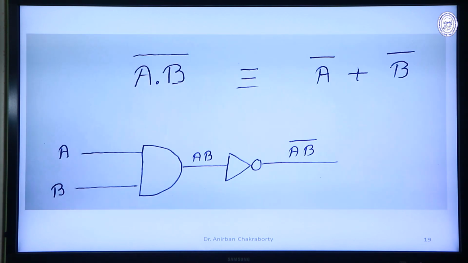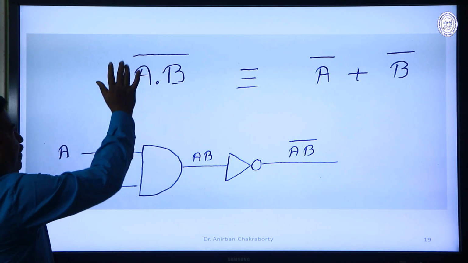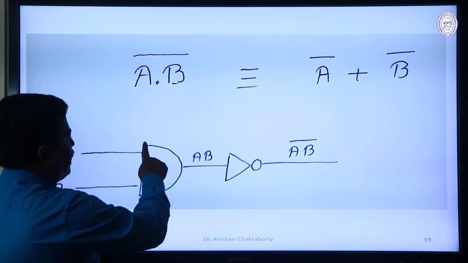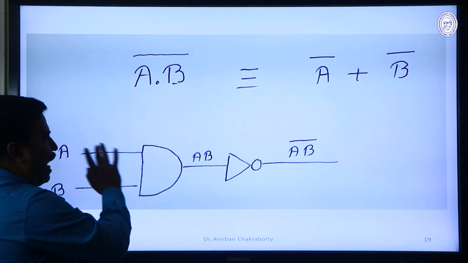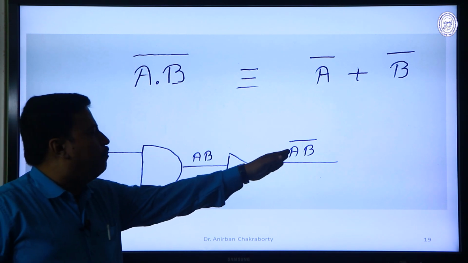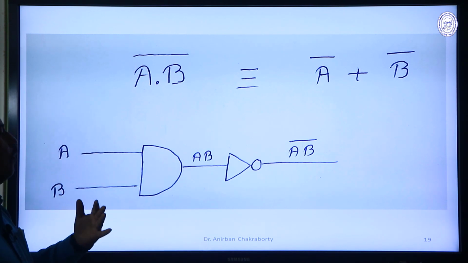Now, here is De Morgan's law. Here I have written it, and I would now like to draw the left hand side with A and B. So the output is AB. Here I have applied one AND gate. Now there is one NOT gate, so I have obtained AB whole bar.